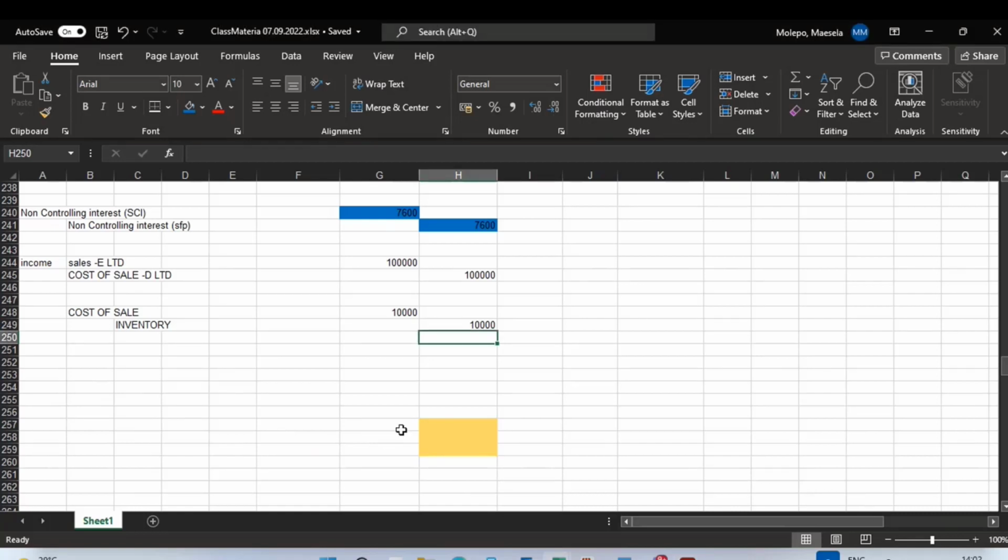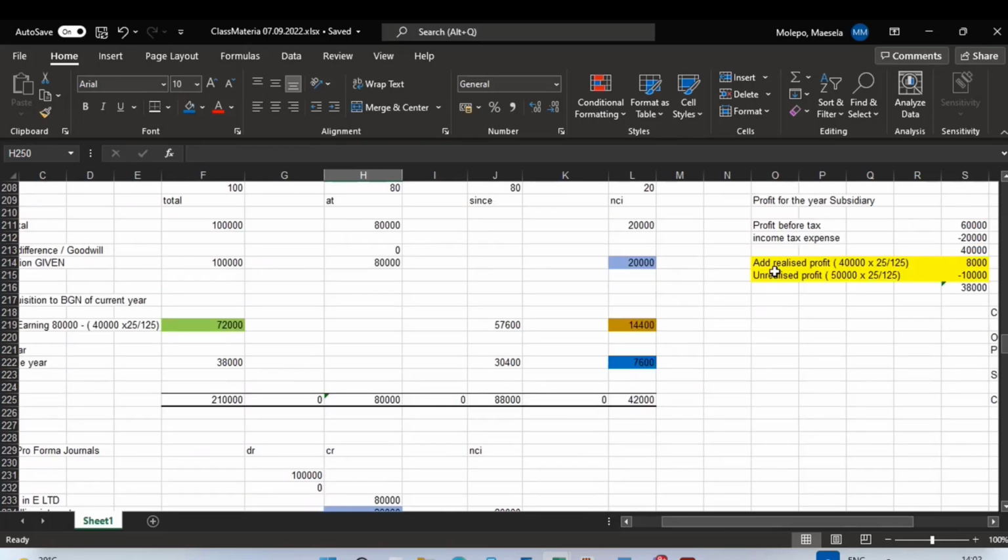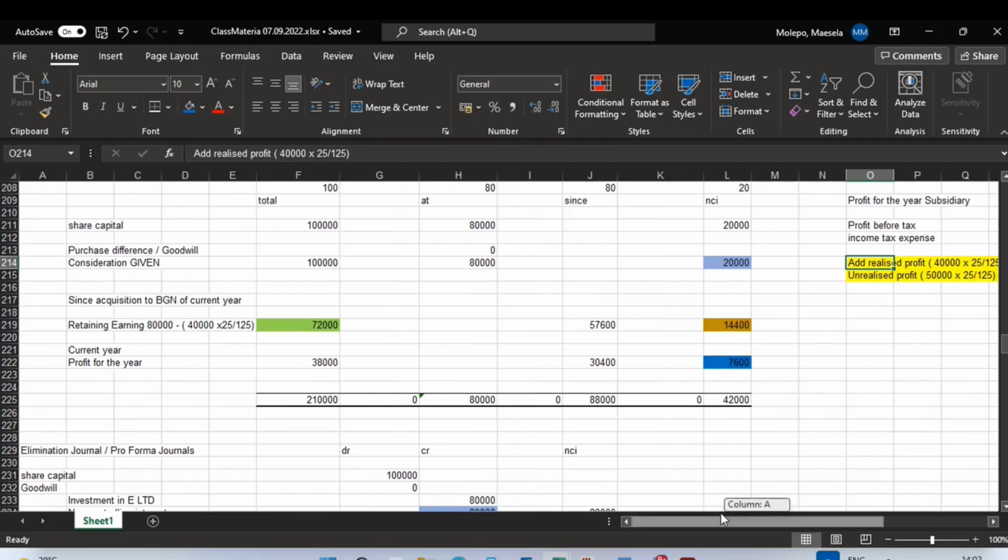Then we have a retained earnings. So that will be on the unrealized profit, this one. Because it was realized last year, now it's like we are reversing it. It means the retained earnings which was added into the retained earnings, remember when we were doing the retained earnings here, you see it here.